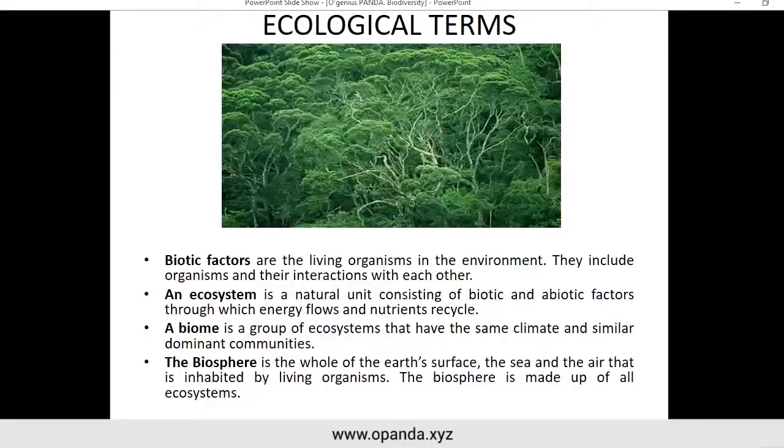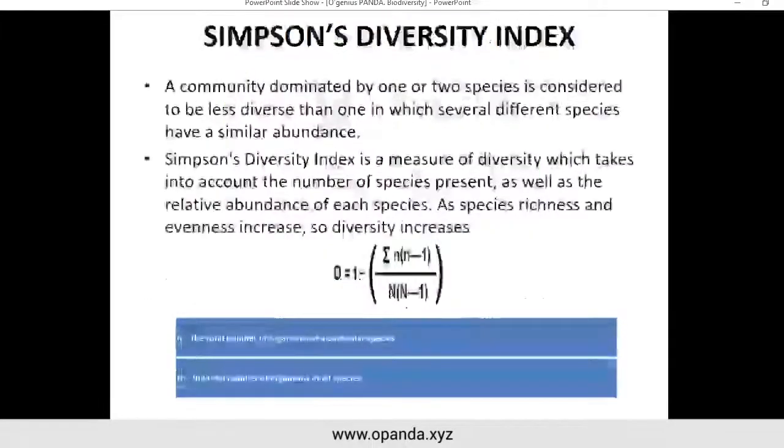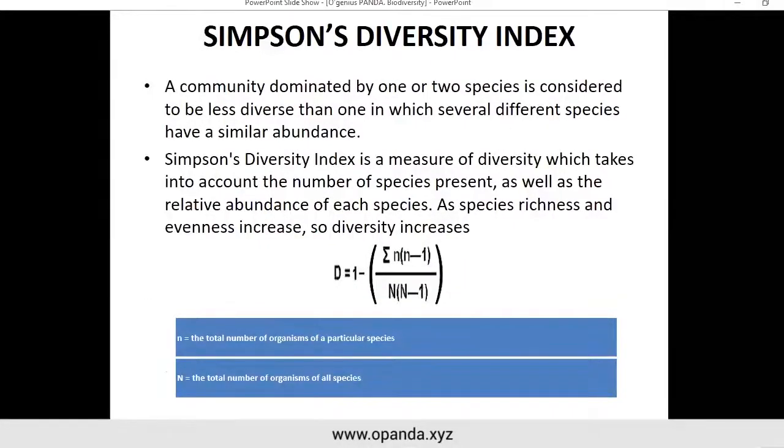Okay, now let's go into mathematical concepts. We have now defined different ecological terms after understanding biodiversity. We have seen that living organisms live in ecosystems, accomplishing some tasks or roles, and we call it niche.